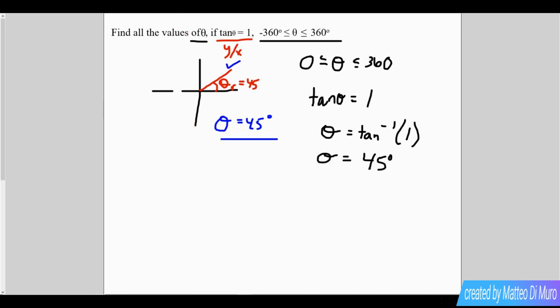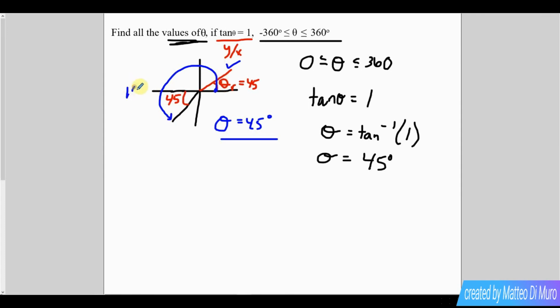So what would the angle be in standard position? We draw our terminal arm, and we draw our reference angle of 45 degrees. Remember, the reference angle is between the terminal arm and the x-axis. When they ask us for values of theta, they are really asking for it in standard position. So in standard position, that means we're starting here, we're going all the way around, and we need to know how many degrees it is from here to here.